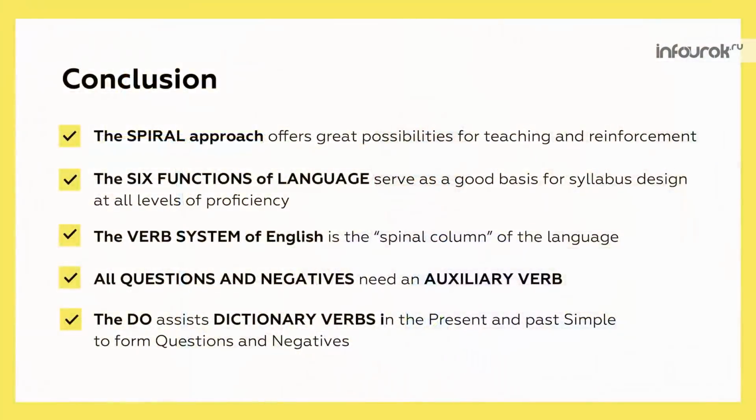Now, we have come to the conclusion of this webinar, which I hope you have found very useful and easy to understand. Let us look at what we have talked about. First of all, the spiral approach. I said that the teacher has to use a nucleus of information.